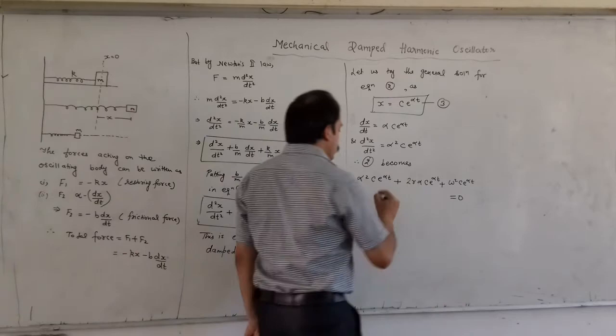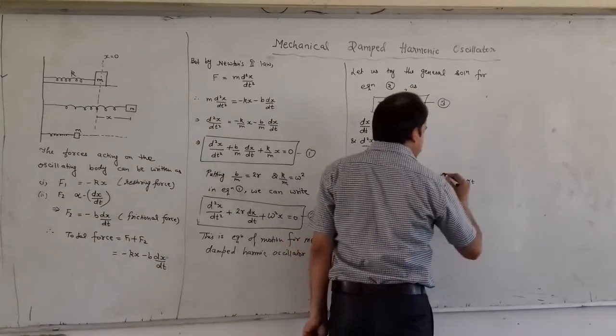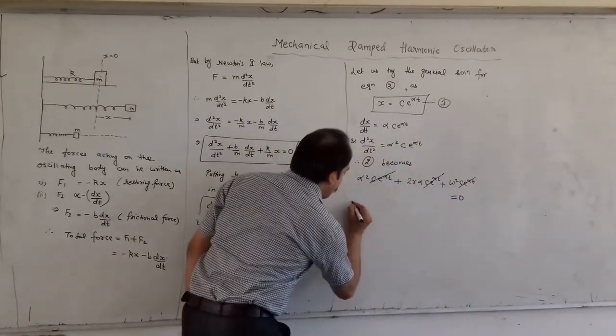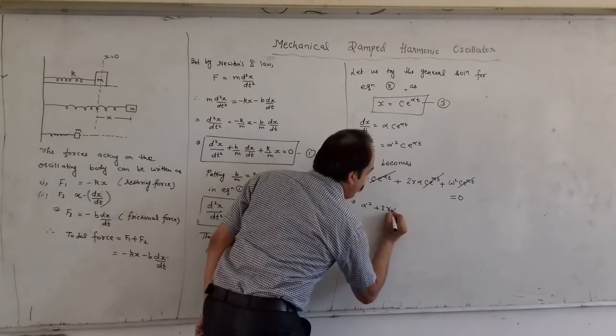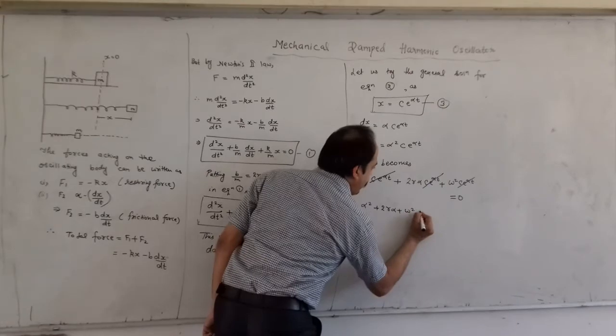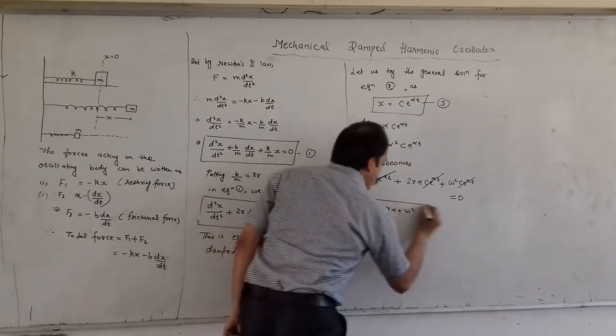We can check that c e to the power alpha t cancels out, and we are left with alpha square plus 2r alpha plus omega square equal to 0.